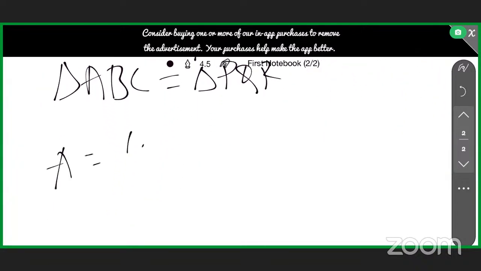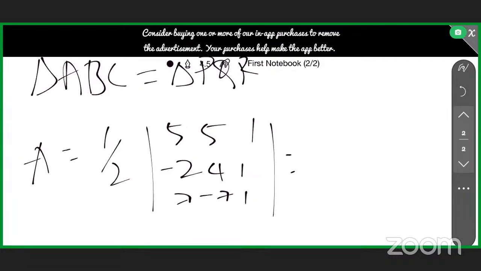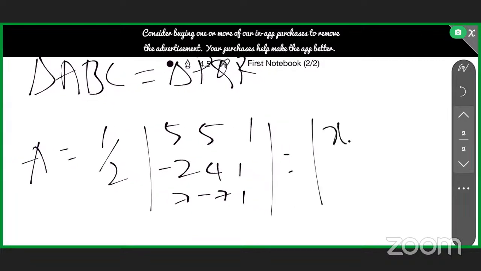We know the formula for the area of triangle PQR: A equals half into the determinant of 5, 5, 1; -2, 4, 1; 7, -7, 1. There is one more formula, but we will use that some other time.